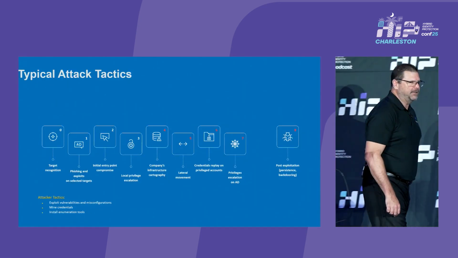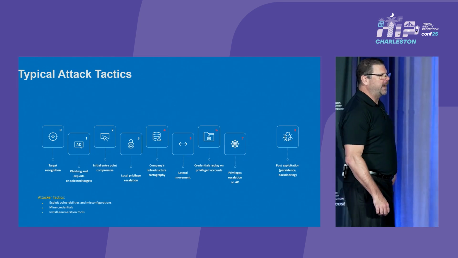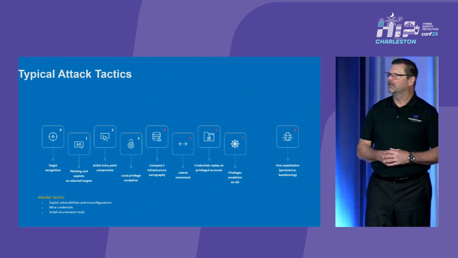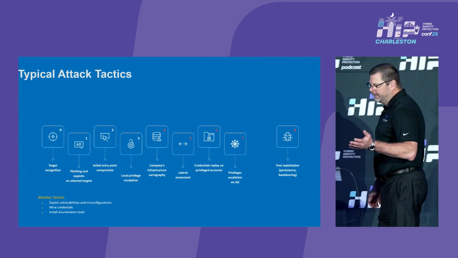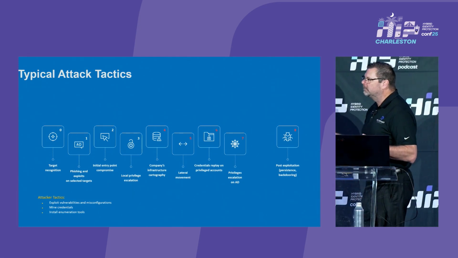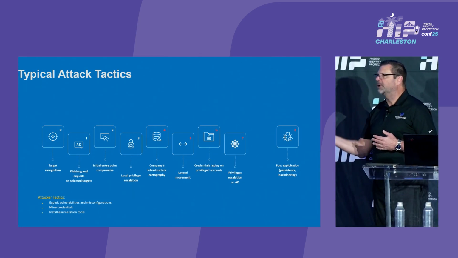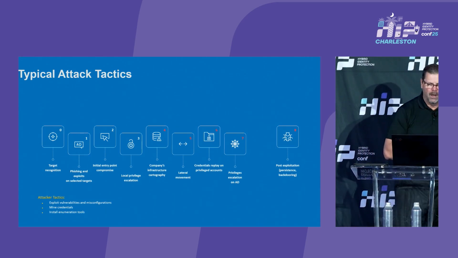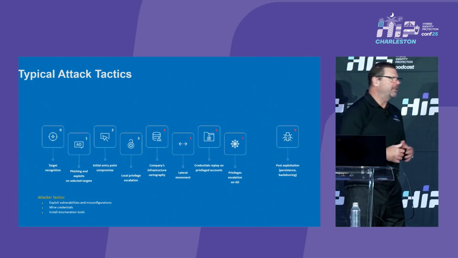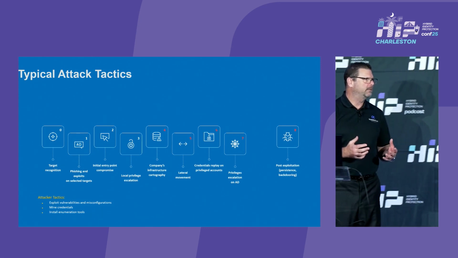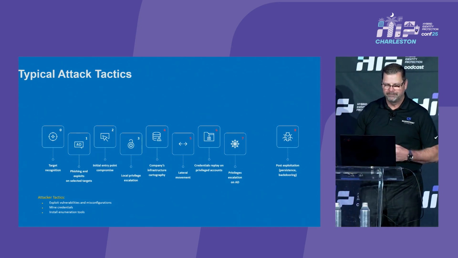So if this looks familiar to you in terms of the attack path that an attacker takes, it's pretty common, right? So the attacker is going to target a system, an application, a service, whatever they do. They're going to use some exploit, right? Phishing or some other mechanism to exploit the user to get information.